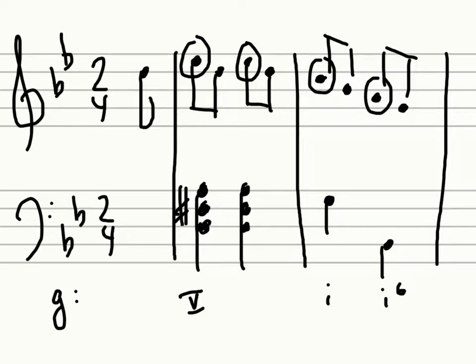Here in this example, in the key of G minor, imagine that we have these accented neighbors in the first measure, and then going to accented passing tones.